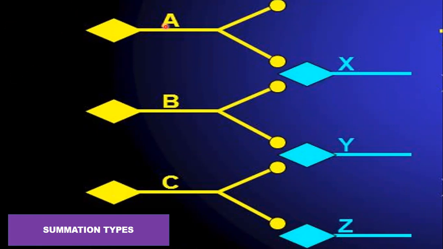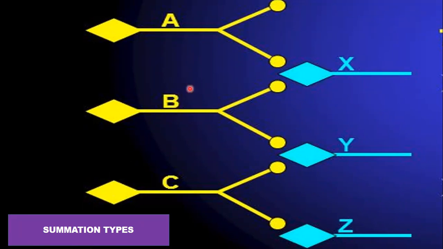Suppose we have here A and B neurons. These A and B neurons converge on neuron X. You see one part of B and one part of A converges over X. If A and B discharge one after the other, suppose A is discharged once and then B, then there is no production of impulse.